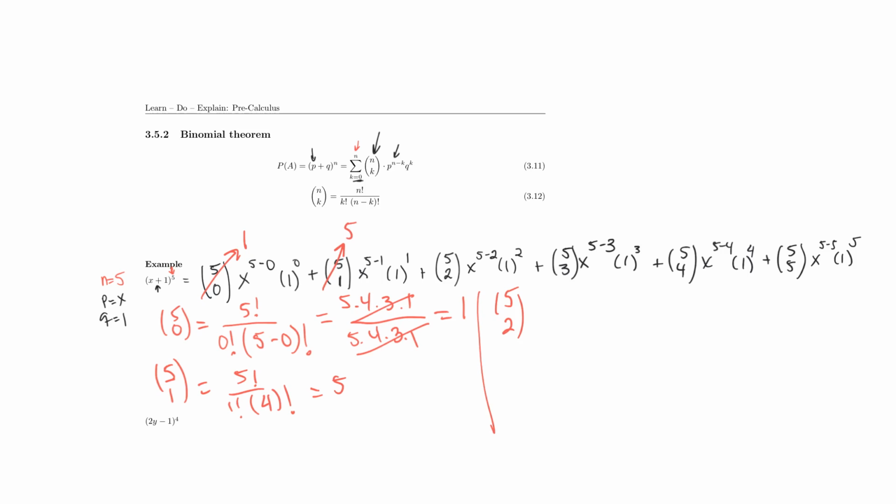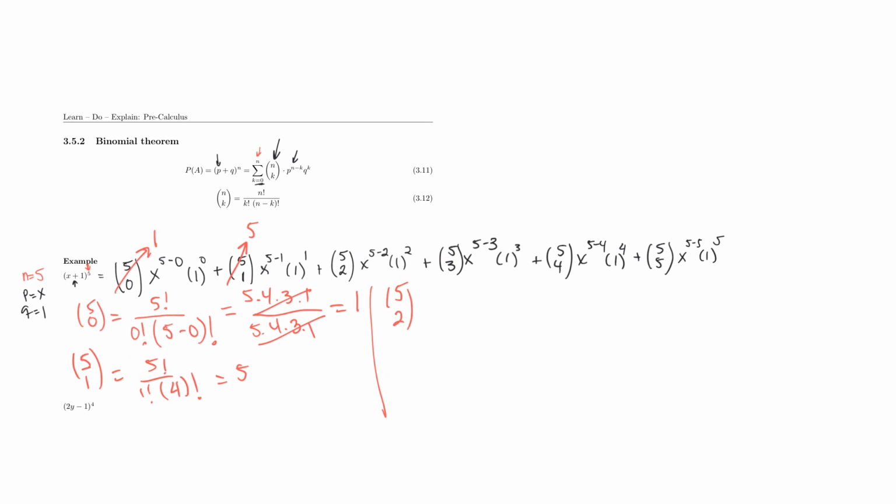Then 5 choose 2 will be equal to 5 factorial over 2 factorial times 3 factorial, which is equal to 10. Now 5 choose 3, 5 factorial over 3 factorial, 5 minus 3, that will be 2 factorial.